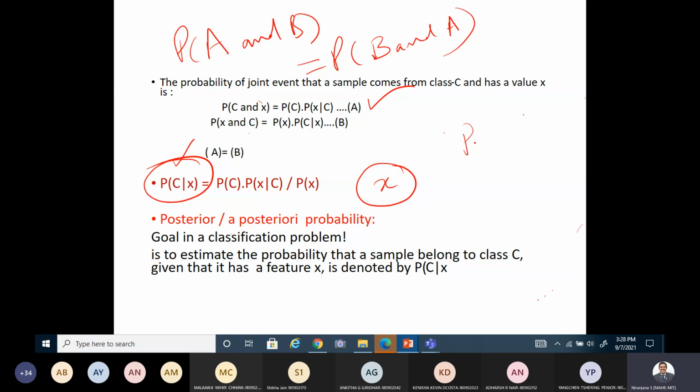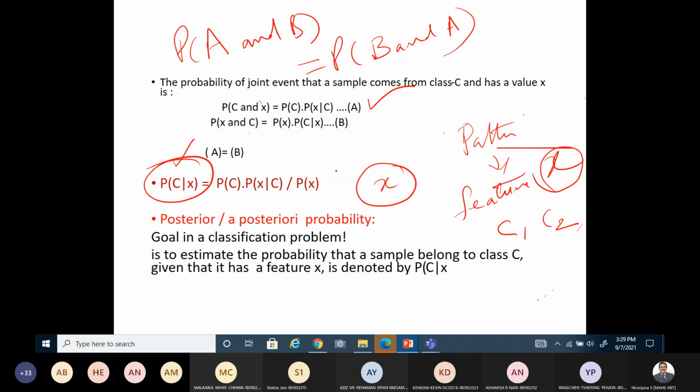That means when the random sample is given, a pattern is given, you extract a feature such as X. To check whether this given random sample having feature X belongs to a given class, maybe C1 or C2, then you use this kind of probability. If you want to check whether X belongs to C1, then you may have to estimate P of C1 given X.